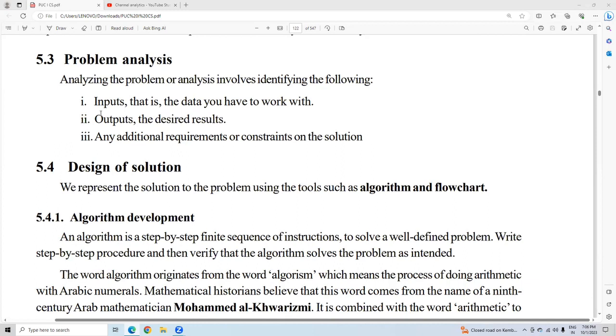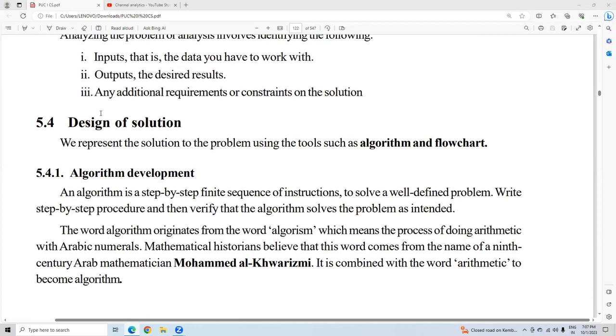And the third one is any additional requirement or constraints on the problem. Constraints means, when the input data is supplied to your program, your program should check whether the data given is correct or not. If it is correct, take it into the program. If it is not correct, then stop execution, come out of that, make corrections, and resend it to the program. Right.